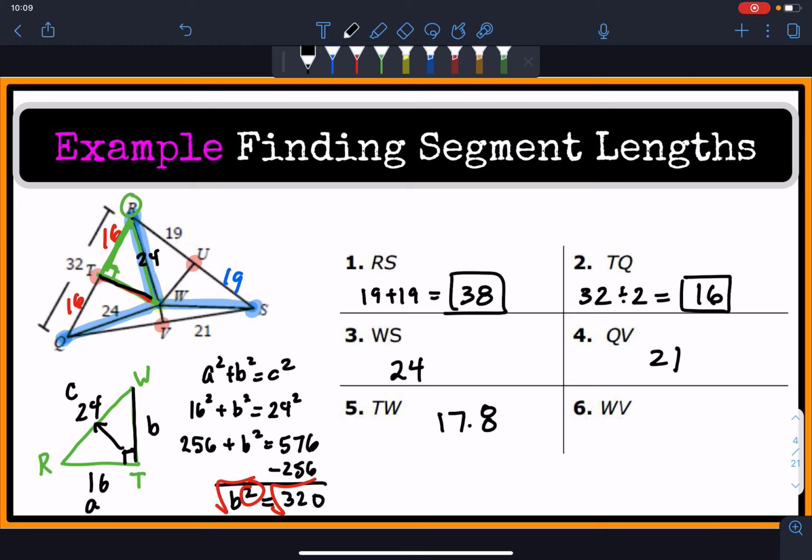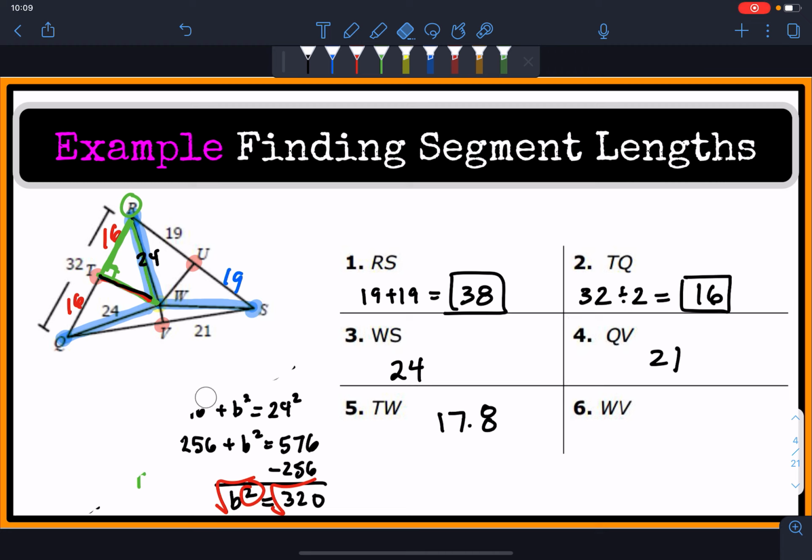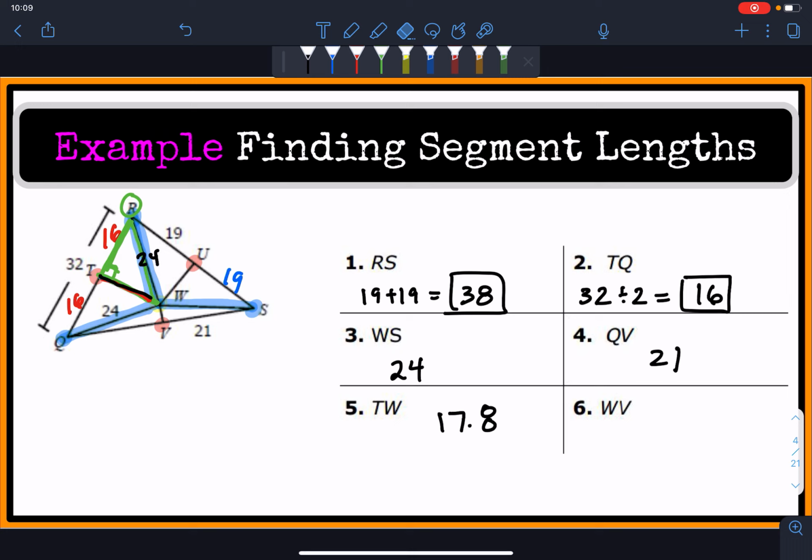And the way we're going to figure out the distance from W to V is the exact same way. So let me erase all of this, okay? And this one is easier to see that we have a right triangle.